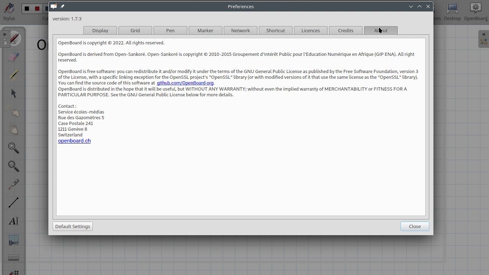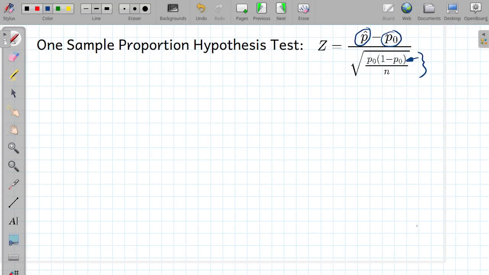Yeah, this is an excellent piece of software. It's a fork from Open Sankoré, which stopped development in 2013. But the Swiss, as you see here, have kept it going. Look at that. This is actually an excellent piece of software.